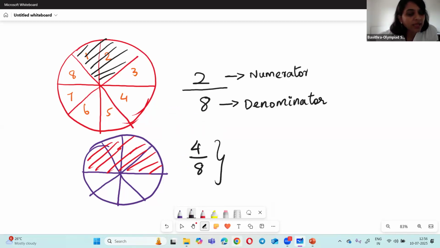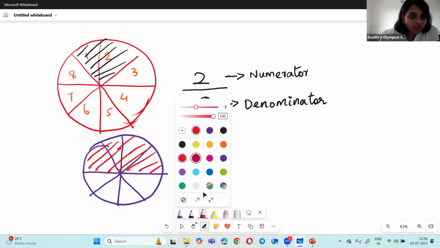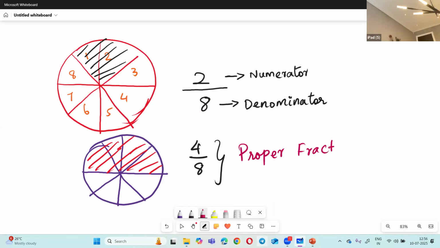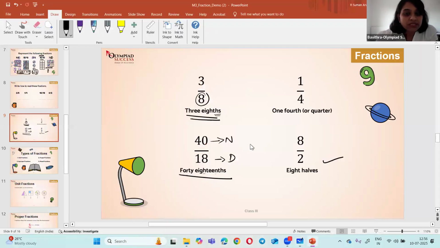Now, Jaiveer, this kind of fractions, where the numerator is smaller than the denominator, are called proper fractions. And the fractions wherein the numerator is bigger than the denominator, which two fractions are like that here? 40/18 and 8 halves, right? So these both are called improper fractions.